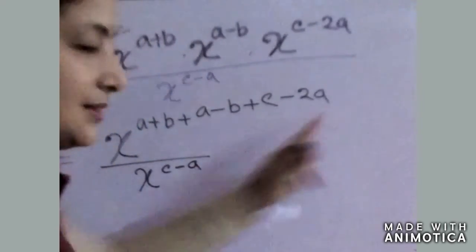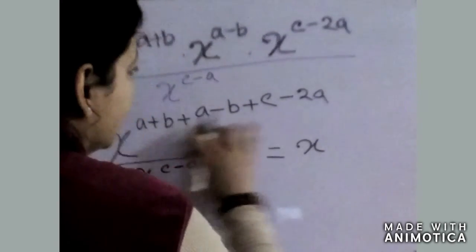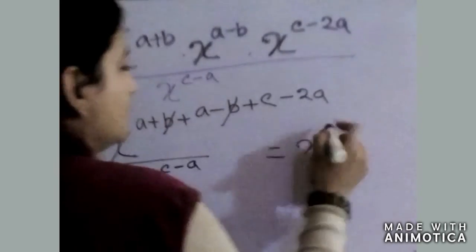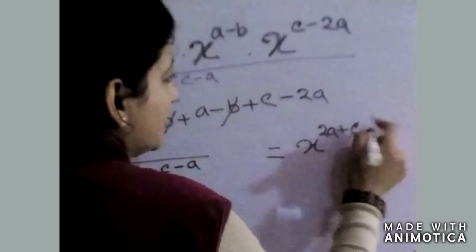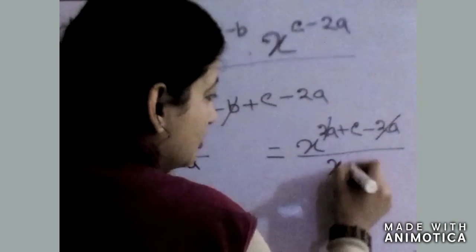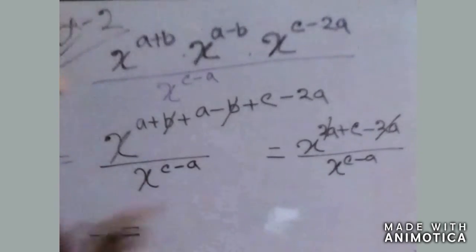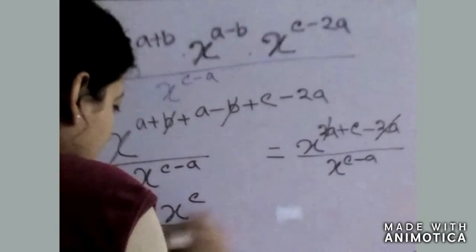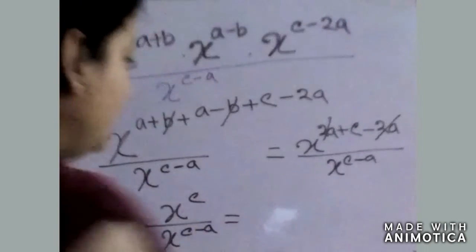And this part will give us, I'm writing here, x to the power, in this long part b cancels, and this is 2a plus c minus 2a. So 2a is also cancelling, and in the denominator it is just c minus a. Now we are getting x to the power c only in the numerator, and in the denominator it is x to the power c minus a.